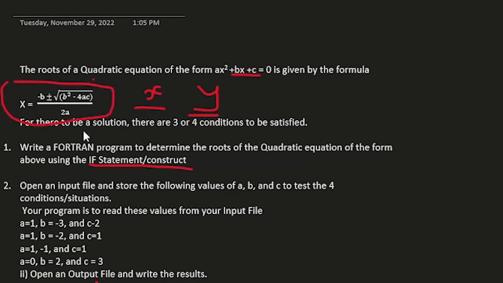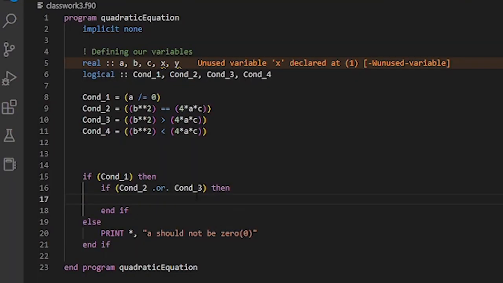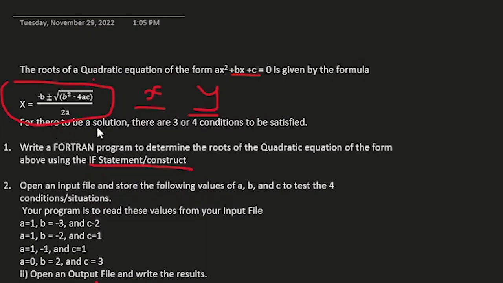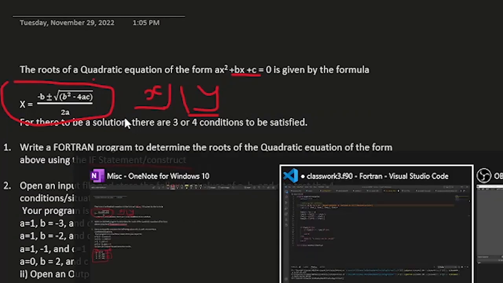Let's put this formula into code as well. Like I said earlier, it is a quadratic equation. We are expecting two results, x and y. So this plus or minus, we're going to separate them into two. Plus is going to go for x and minus is going to go for y. When I put it in code, you'll understand better.